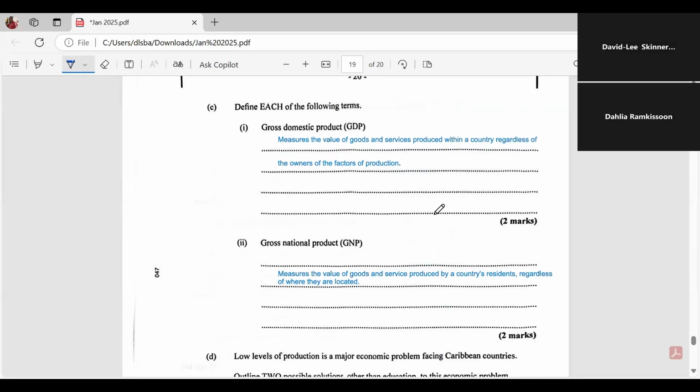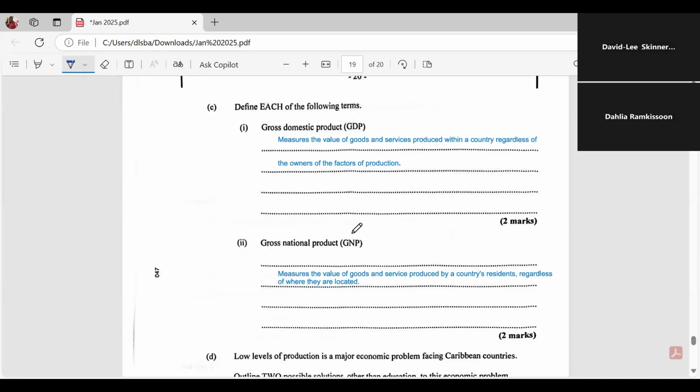So in the gross domestic product, it has to be all the goods and services within the country. So inside of Trinidad and Tobago, for example, and gross national product would be by Trinidad and Tobago. So it could be Trinidad and Tobago citizens that are in Barbados. It would be part of the gross national product because they are Trinidad and Tobago citizens.